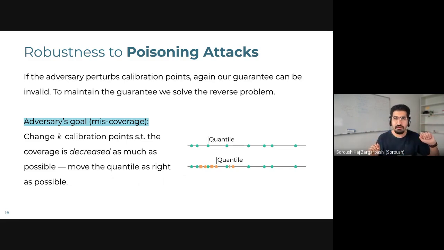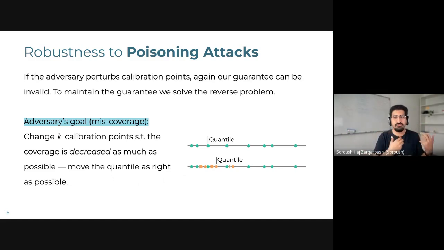So assume that now I'm an adversary and I want to decrease your coverage probability. I want to increase miscoverages. What can I do at the end? Whatever I do, I should move this quantile as right as possible. Because if I move this quantile to the right, the probability of something being rejected is also increasing. So the probability of true labels being rejected also increases, and I decrease the coverage guarantee.